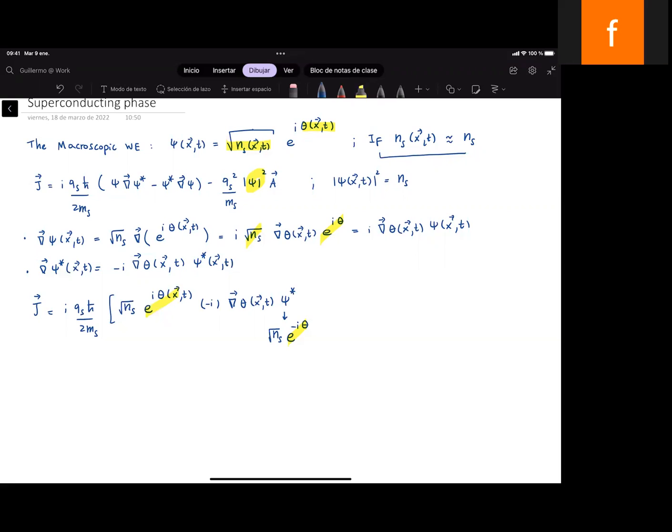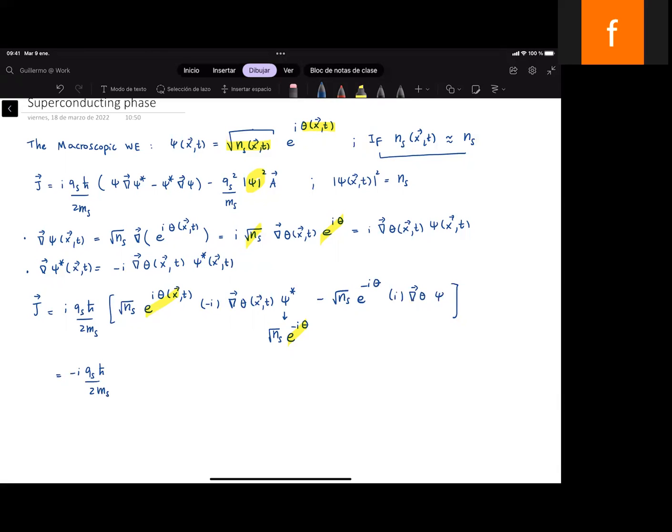Then what else? We have minus psi conjugate, square root of n_s e to the minus i theta, and the gradient of psi, that is i gradient of theta times the wave function. So it means we have this quantity, minus i q_s h bar over twice m_s.